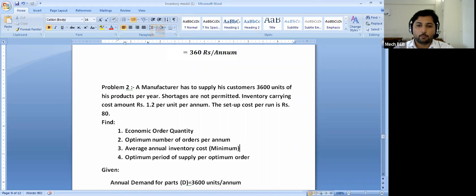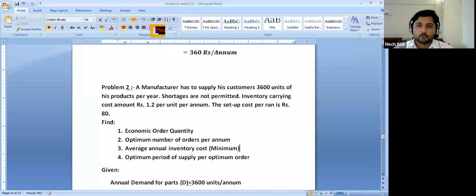And fourth, the optimum period of supply per optimum order.